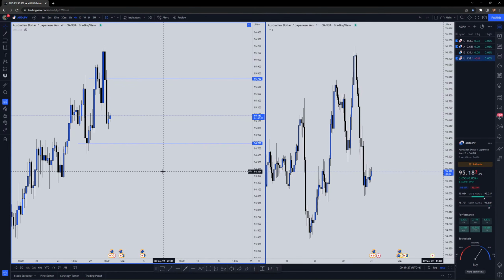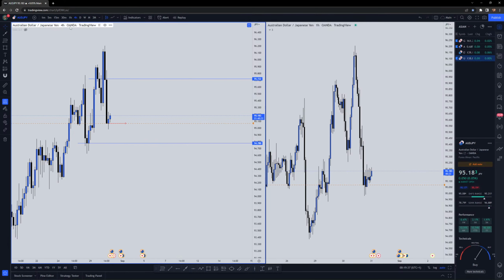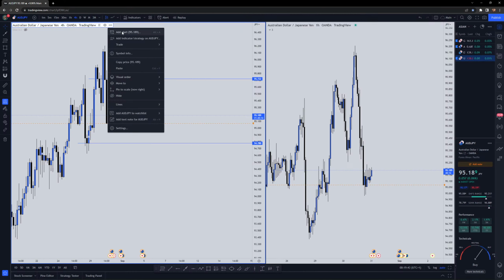4 hour time frame. Honestly, if I would buy, I would wait for a retracement down from this level. This is an Asian pair, right? It's Australian dollar and JPY. Yeah, they both are.